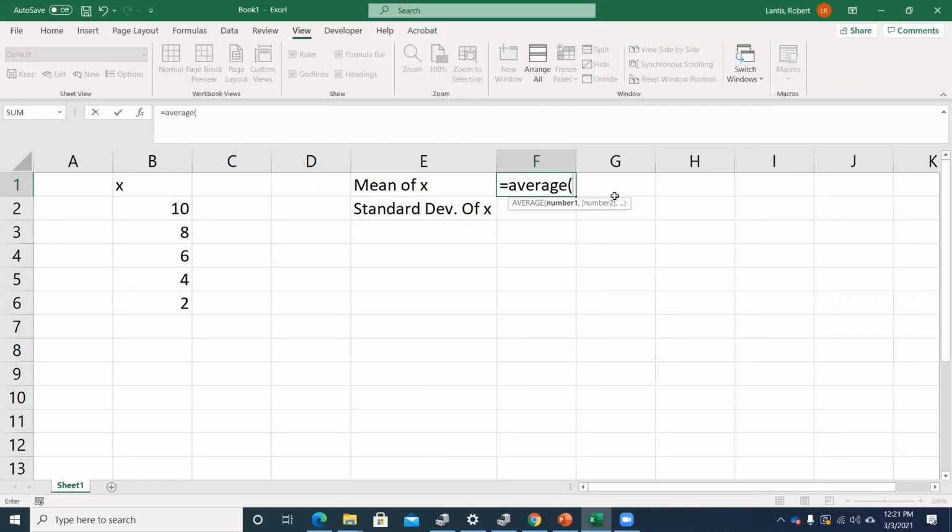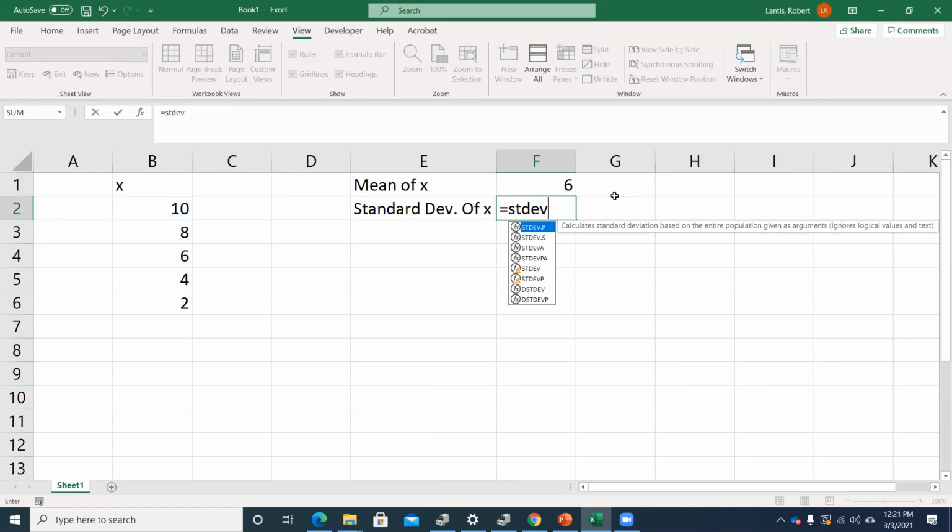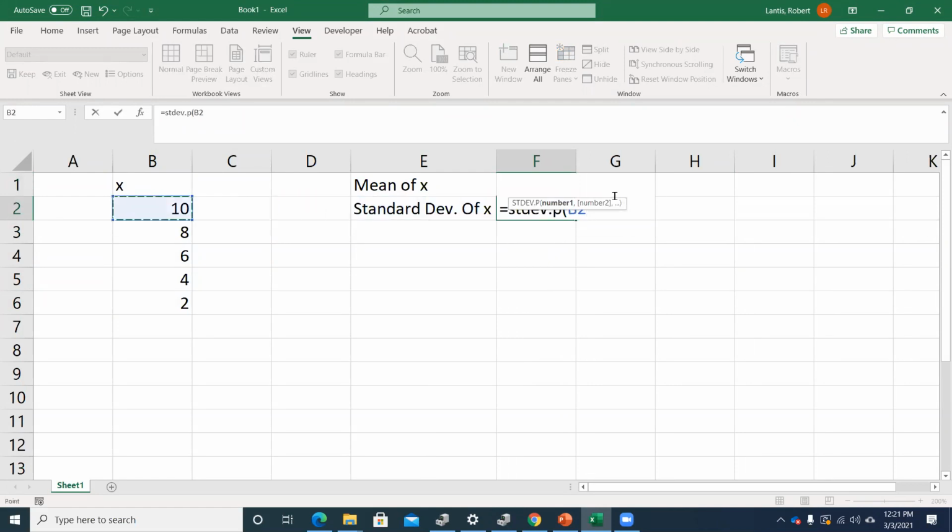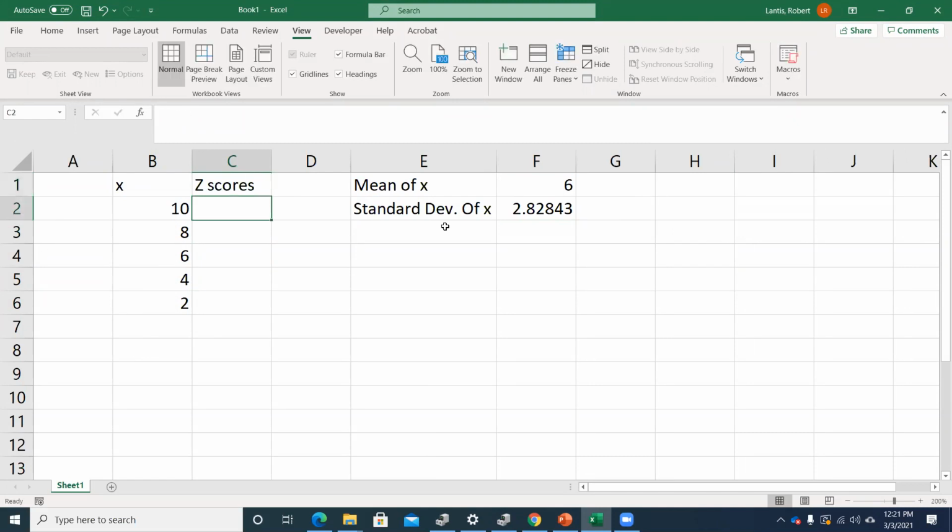We know in Excel, hopefully at this point, we can use the average function to find the mean. And we'll treat this as population data just to make this a little easier to think about, but it doesn't matter if we do this the other way. So let's take the standard deviation, and I get my mean and my standard deviation of this data set. If I turn this into z-scores, the equation is: I'll take the x value, subtract the mean, and then divide by the standard deviation of my variable.